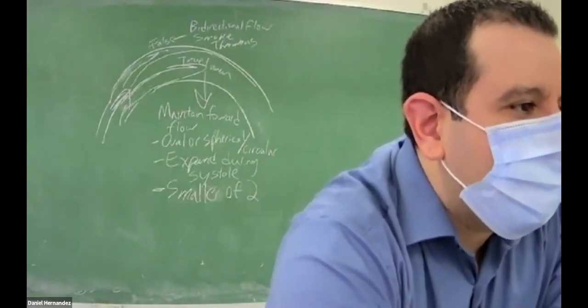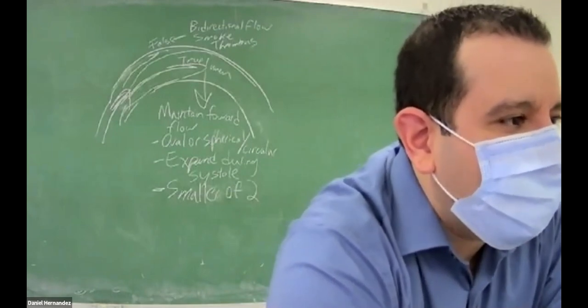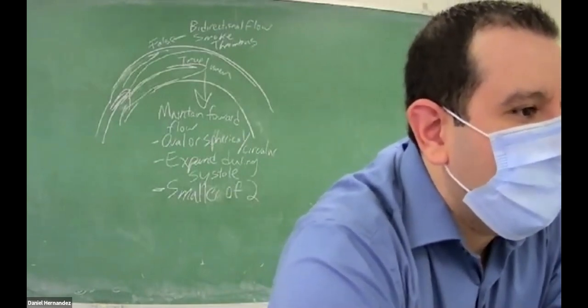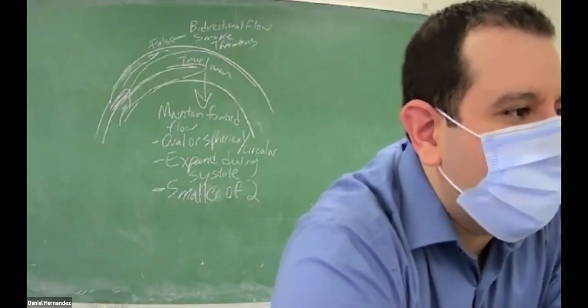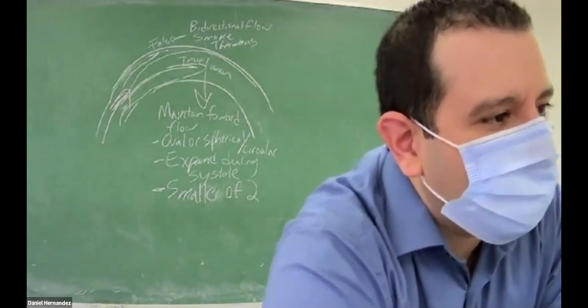So we know about spontaneous echo contrast in the left atria. It's a precursor to thrombus formation.